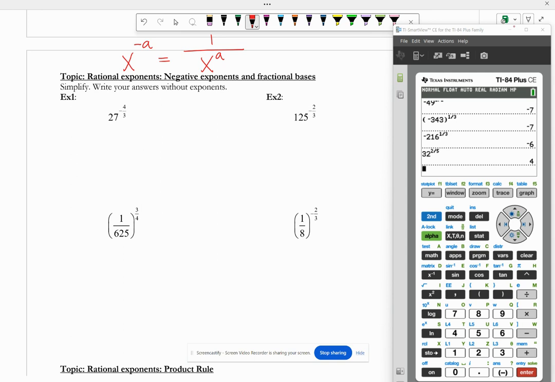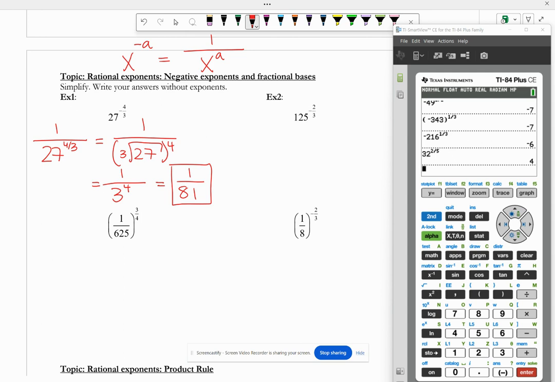This is really 1 over 27 to the 4/3, which I'll rewrite as 1 over cube root of 27 to the 4th, which is 1 over 3 to the 4th, which is 1 over 81.